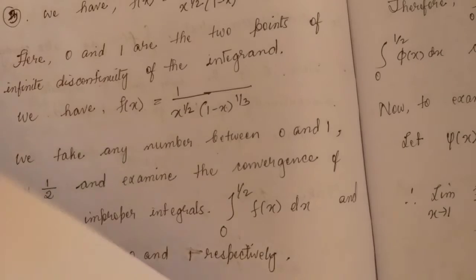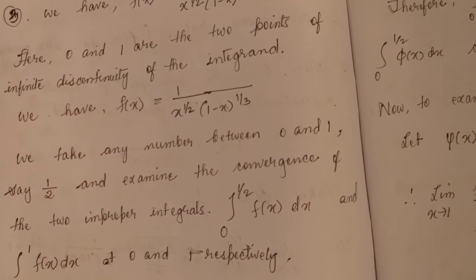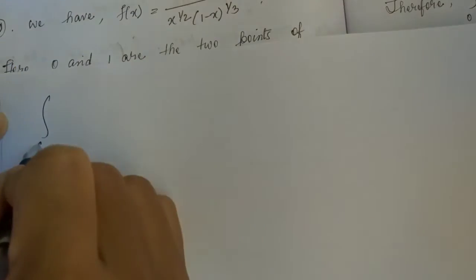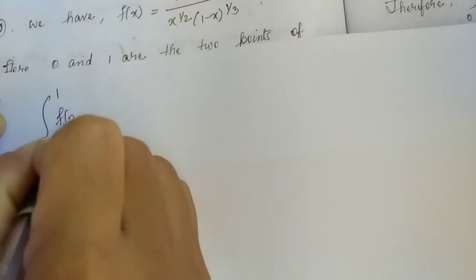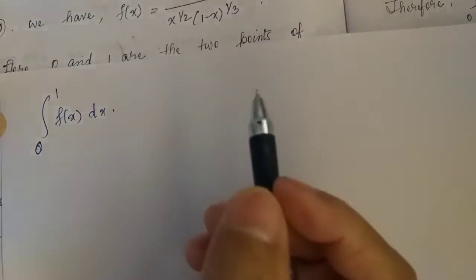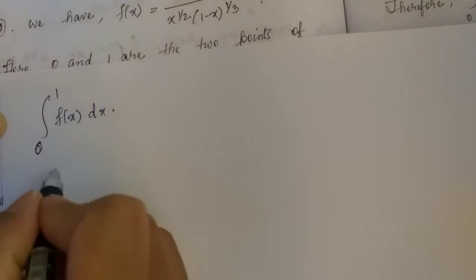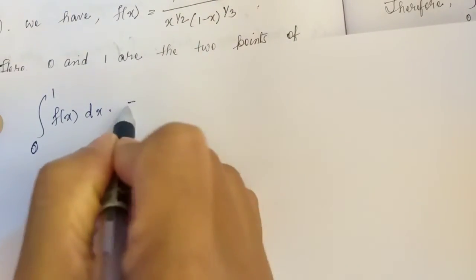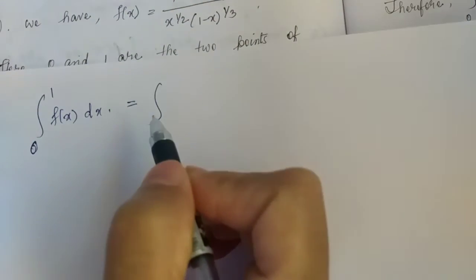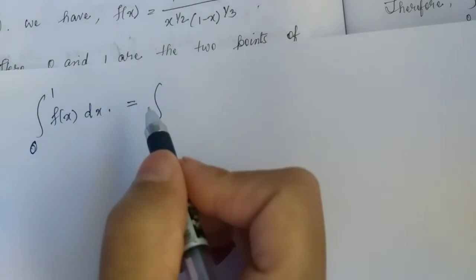Okay, I'll write here. You have 0 to 1 f of x dx. But 0 and 1 are the 2 points of infinite discontinuity. So what you do is you take one point which is in between 0 and 1.